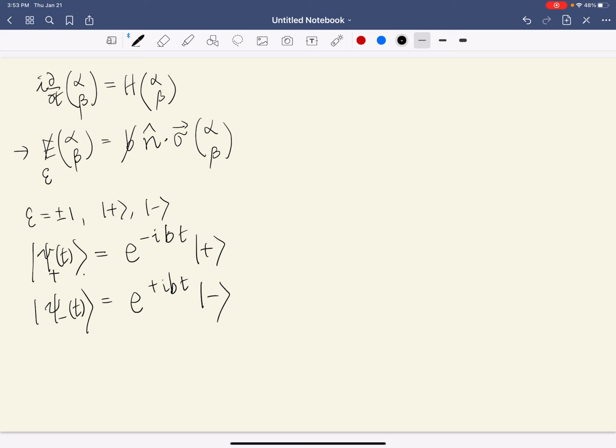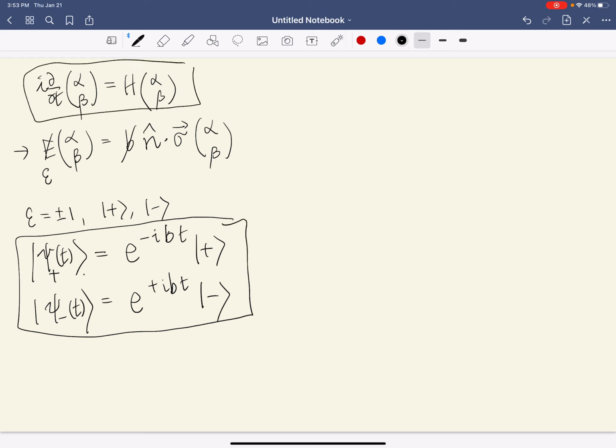Okay. So these are the two independent but time-dependent solutions of the Schrödinger equation for a two-level system.